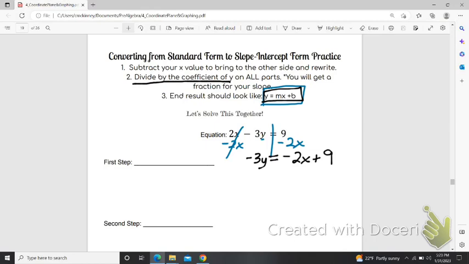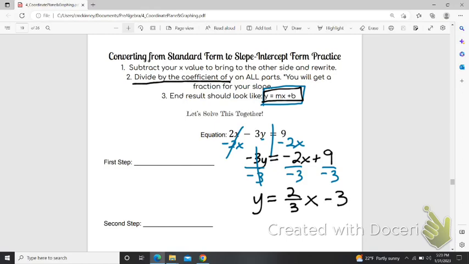And we need to divide every part. This one, and this one, and this one. We cannot just do one big fraction because we need individual numbers. This cancels out. Then we have y is equal to 2 negatives in a fraction, make that positive 2/3 x. 9 divided by negative 3, negative 3.